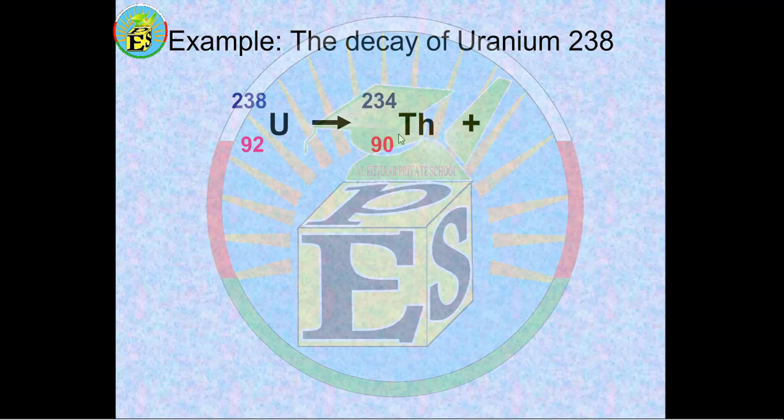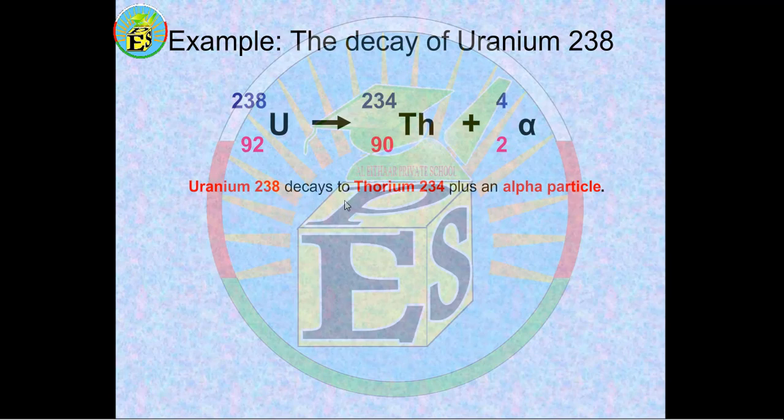After it decays, it will be thorium with mass number 234 and atomic number 90, plus an alpha particle. If we add 2 to 90, we have 92, and 4 to 234, we have 238. This is alpha particle decay.